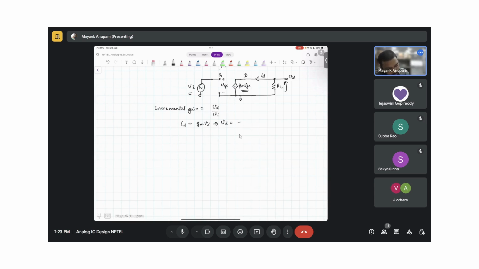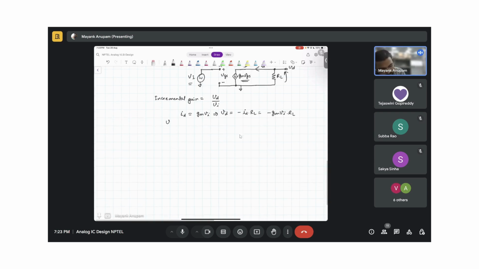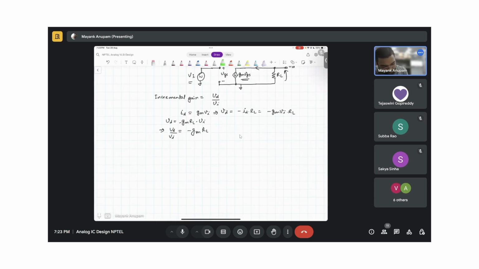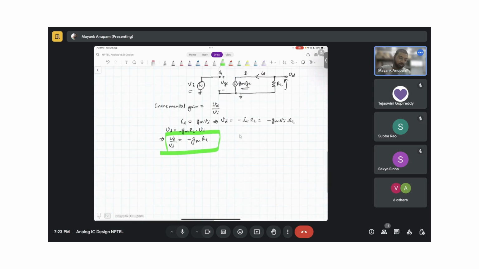Minus id times RL, which is equal to minus Gm times Vi times RL. So Vd equal to minus Gm times RL times Vi. Hence Vd upon Vi is equal to minus Gm times RL. Got it?